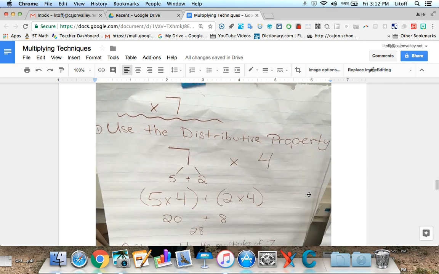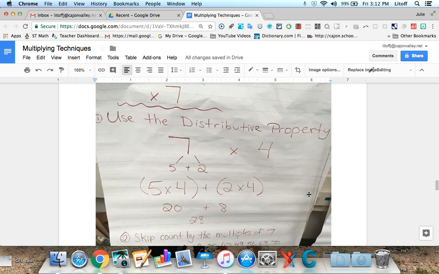7 is one of the best ones to practice the distributive property. Remember, the distributive property means you take the factor 7, if it's a 7, you break it into two numbers that add together to make 7. These are called add-ins. We know that 5 plus 2 equals 7, and that 5 and 2 are easier numbers to multiply.